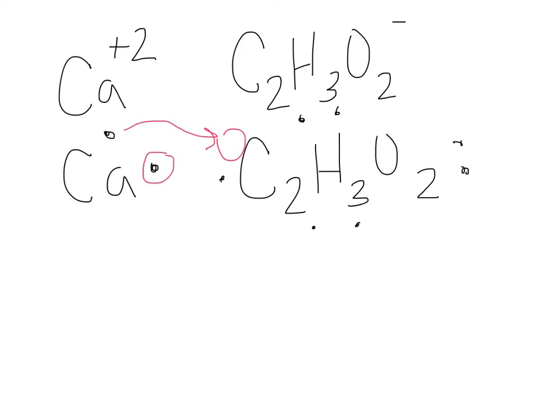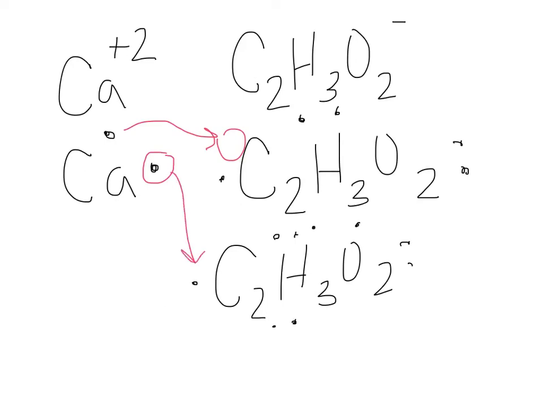That electron needs a home, so I need to write another acetate ion, C2H3O2, again with its valence electrons. And now this electron can go to the hole that it has here. Now I need to report how many of each I have. I have 1 calcium.